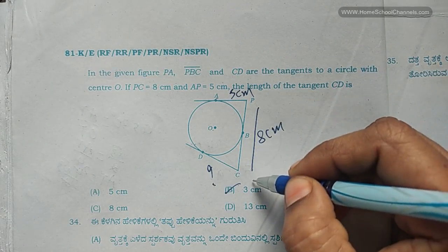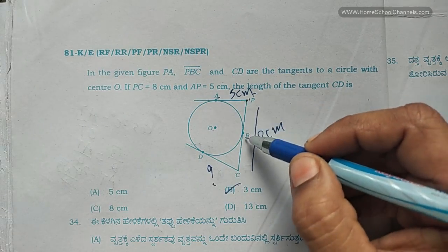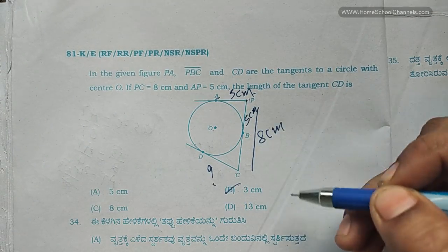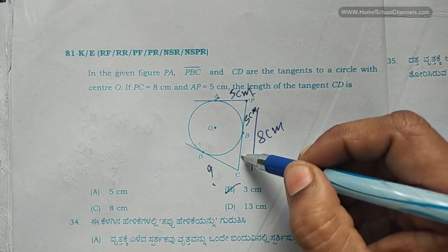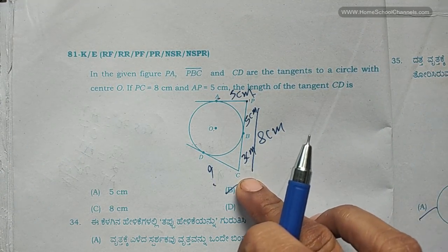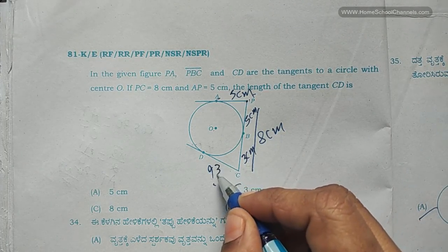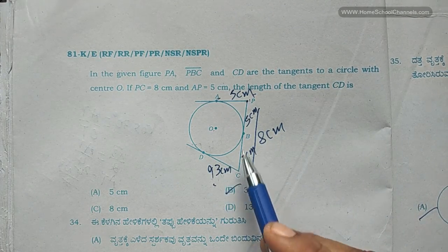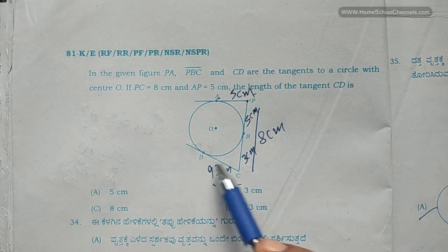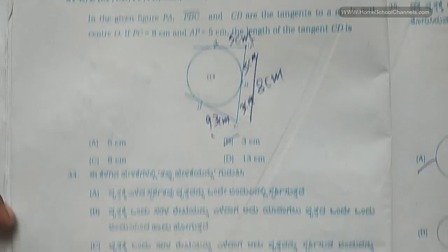See here, if this is 8, if P is an external point, AP is equal to PB, then this will be 5 centimeters. 8 minus 5, this is 3 centimeters. And again, if C is external point, BC is equal to DC. If this is 3 centimeter, this will be 3 centimeter. Therefore, what is the length of the tangent CD? 3 centimeters. That is your option D is the right answer.